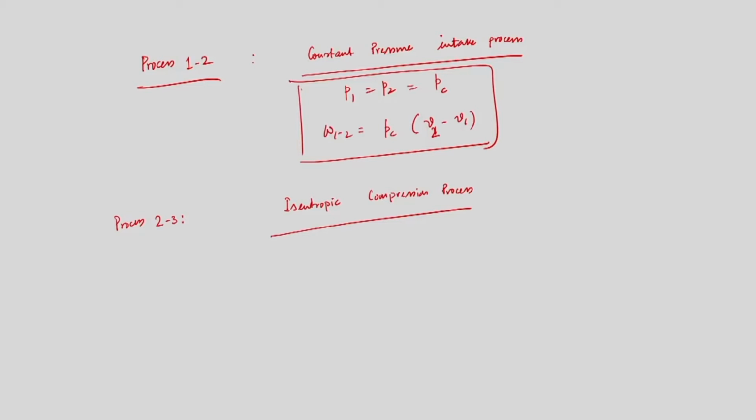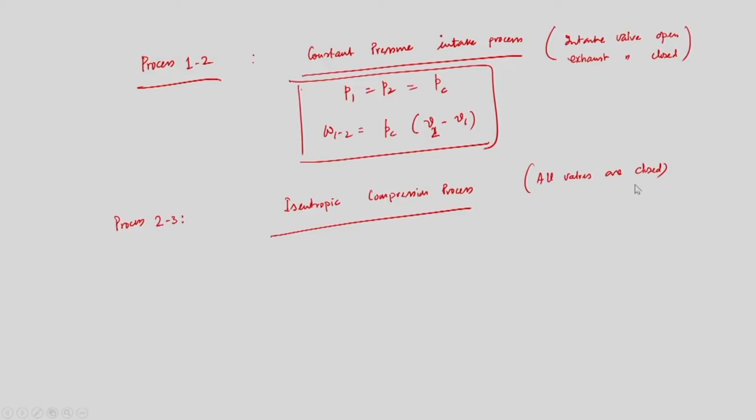All valves are closed. For process 1 to 2, the intake valve is open and the exhaust is closed. For process 2 to 3, all valves are closed.